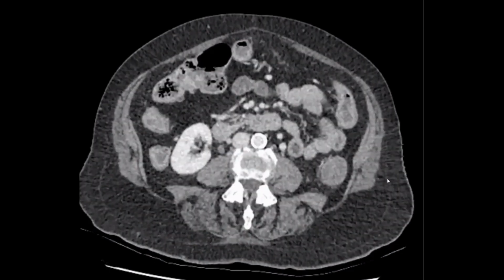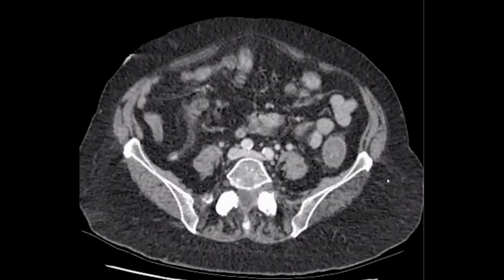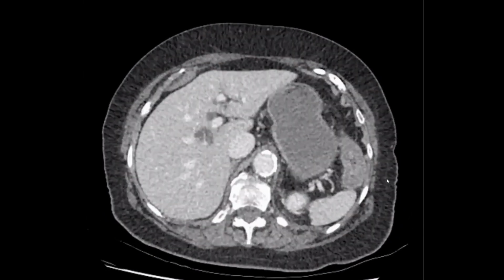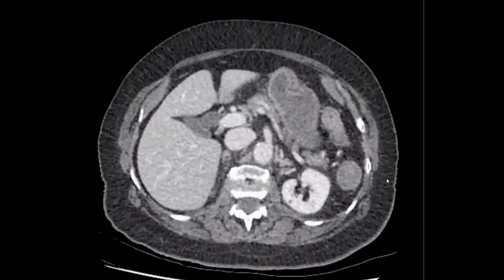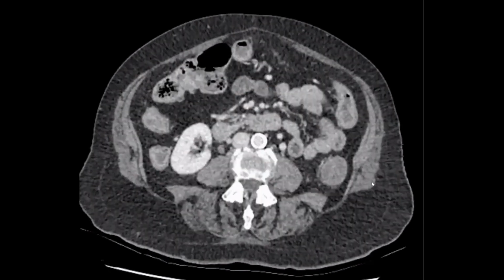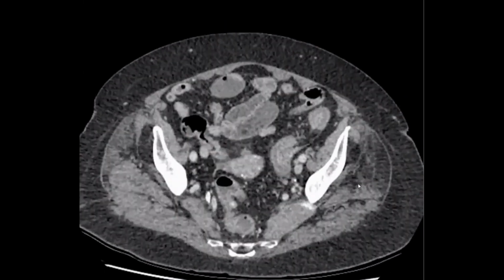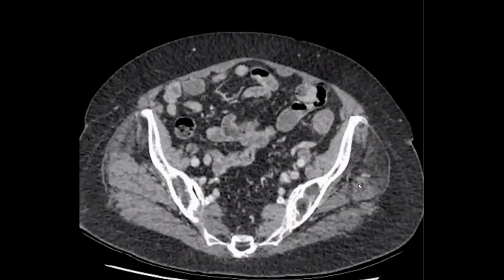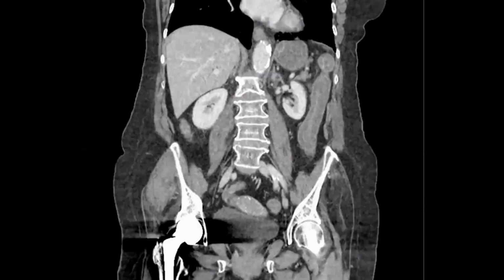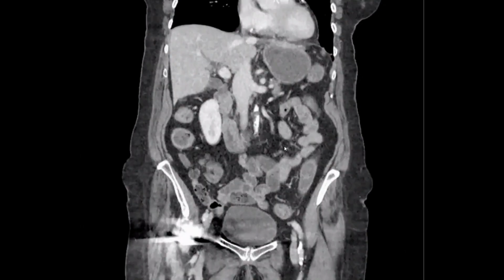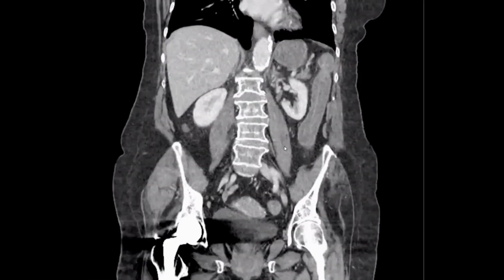Can I check the pancreas? Okay, the pancreas looks fine, but I can see there is mild intrahepatic biliary radicle dilatation and the CBD appears slightly dilated. I can't see dilated bowel loops here, but this is the descending colon.